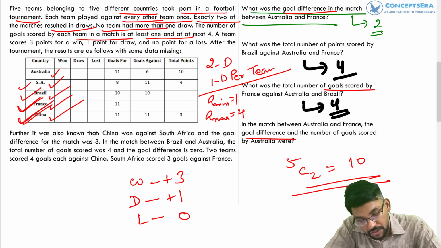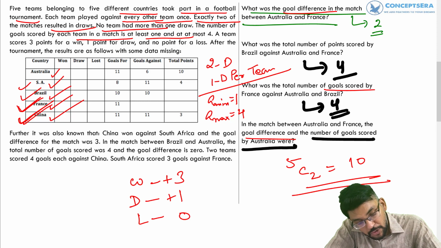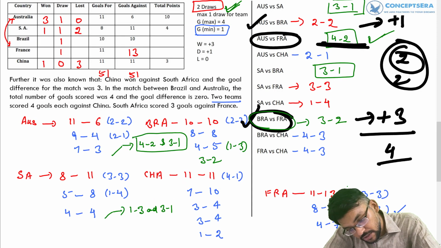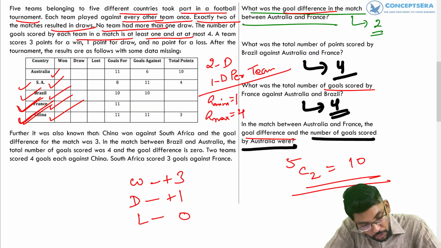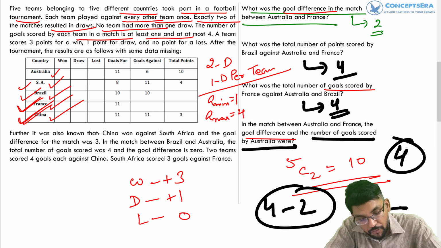And the last question here, in the match between Australia and France, the goal difference and the number of goals scored by Australia were. So we are looking for the match between Australia and France here. So here we can say this is goal line 4-2. The 4-2 goal line is given to us. So we can see the goal difference is 2 and goals scored by Australia will be 4 here.